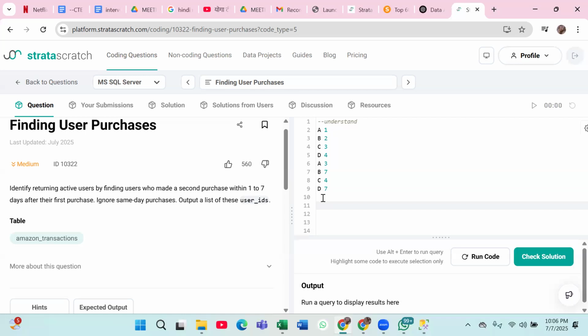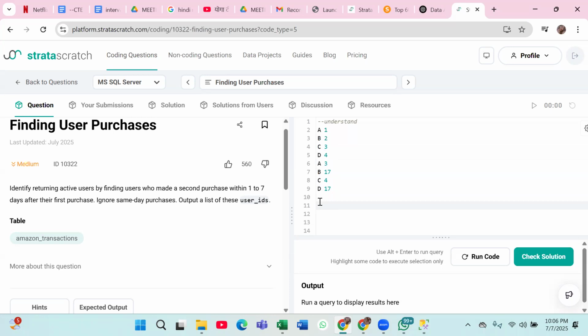Everyone except A. Okay, so everyone did it, I guess. Let me make it 17 here. I'm just changing it. Let's make it 17, and then we'll have the exception of D and B.